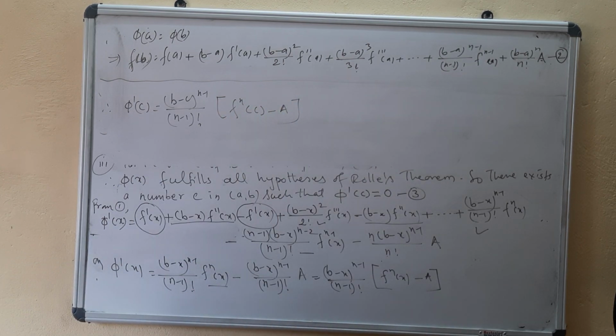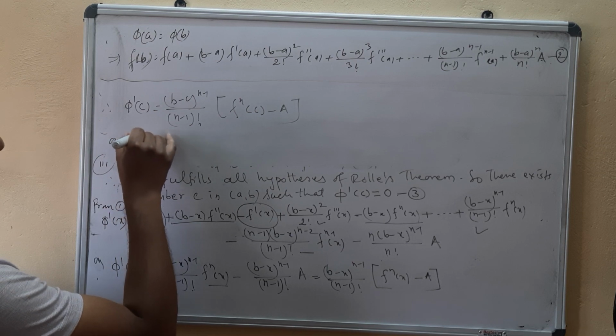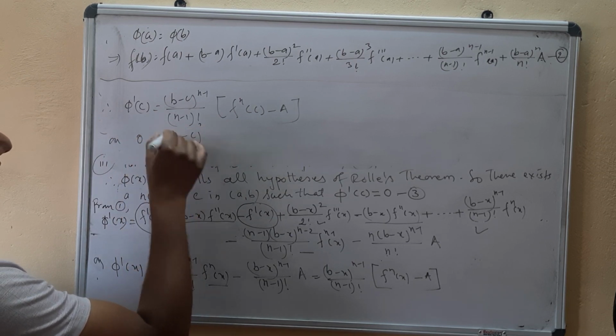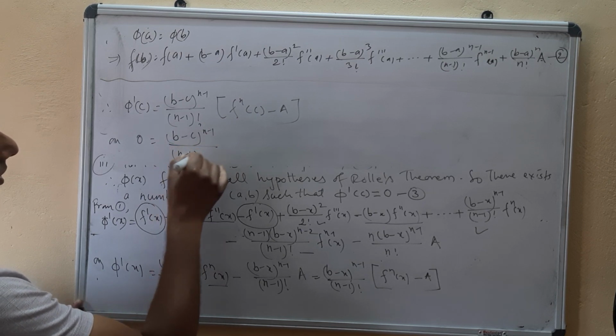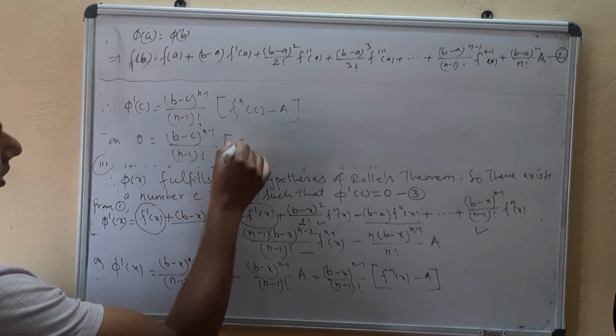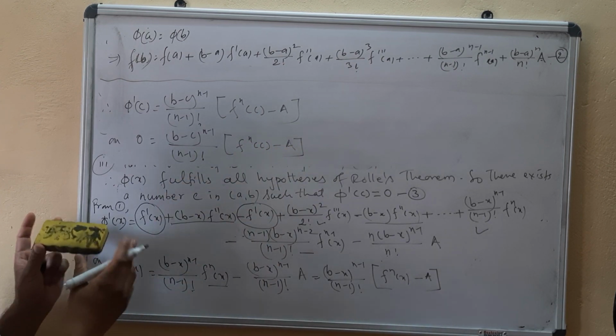Now we'll be using phi dash of c equal to 0 from 3. If we use this 3, you'll get 0 equal to (b minus c) whole power n minus 1 upon n minus 1 factorial fn of c minus a.